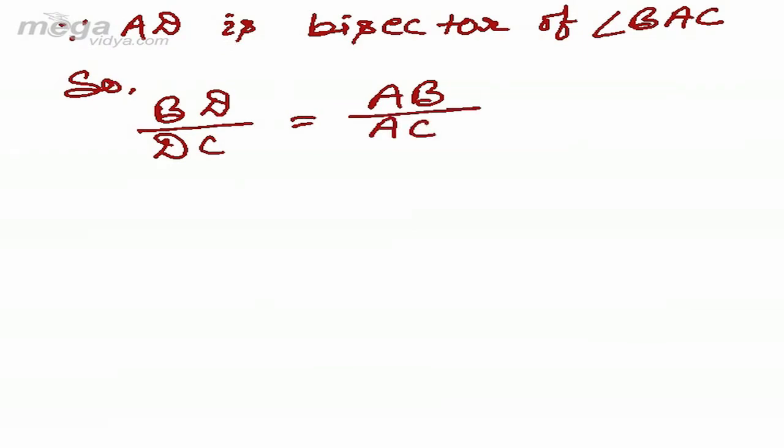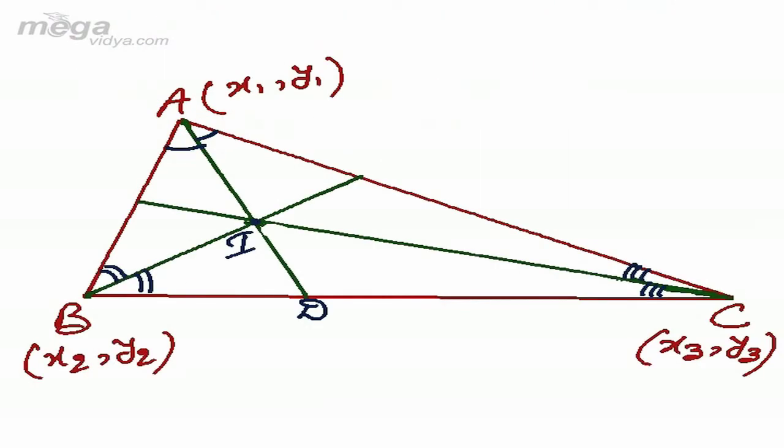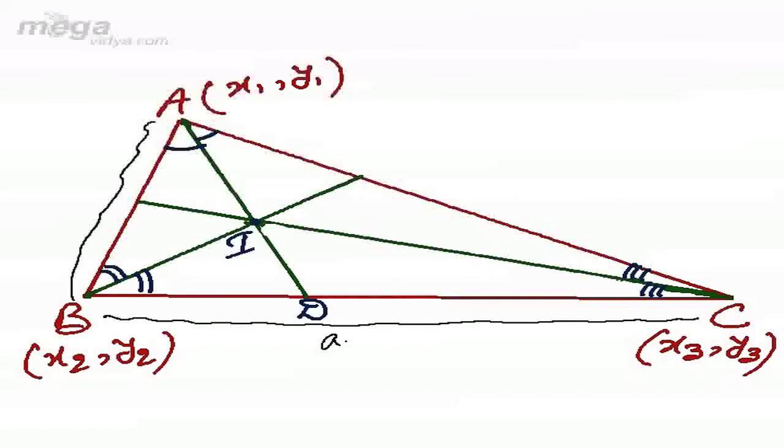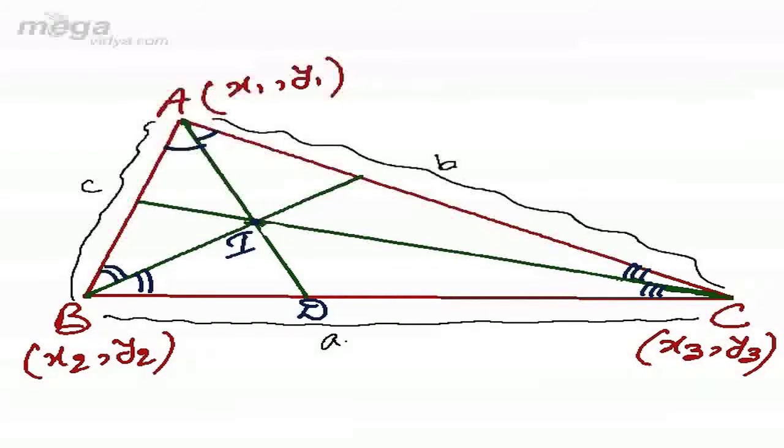This you did in class 10th. Now we know that the length of the side opposite to angle A is a, the length of this side is c, and this is the length of side AC, which is b. So BD upon DC is the same as c is to b.